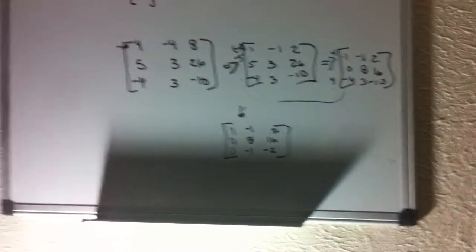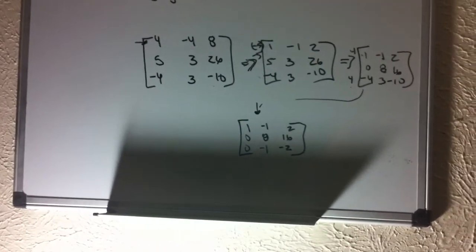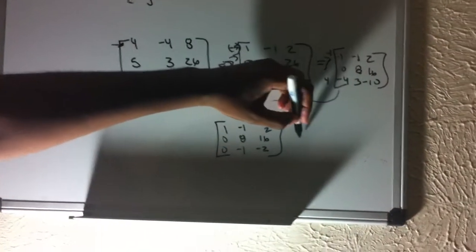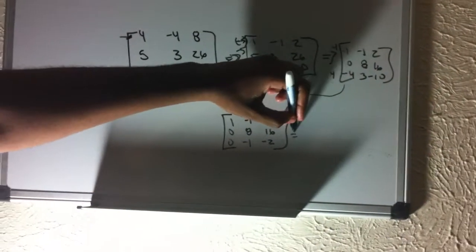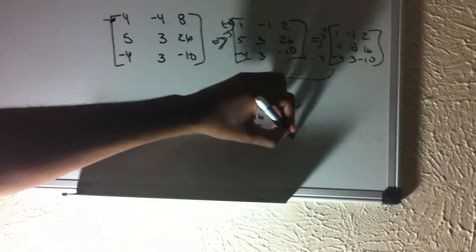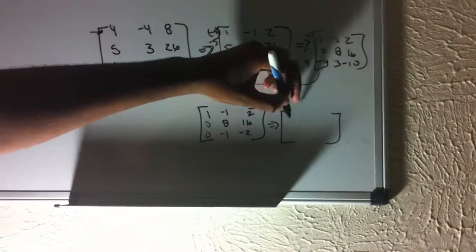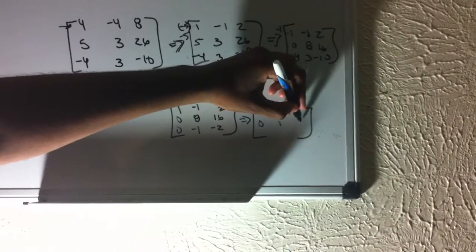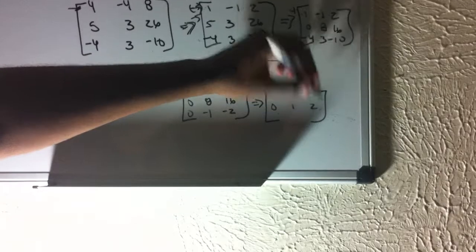So we're pretty much almost through the woods. We can actually simplify this if you want to, guys. Just make it a little bit easier and clearer, perhaps simpler for us. So we'll have 0, 1, and 16, and 2.